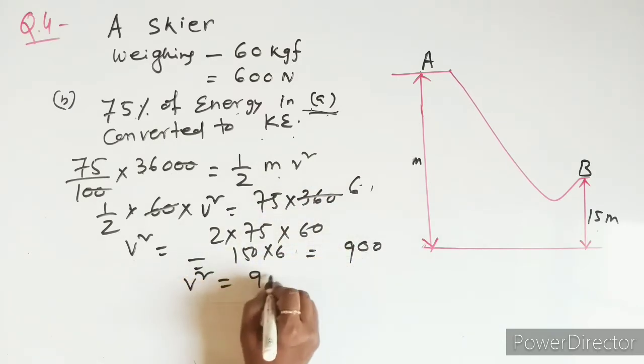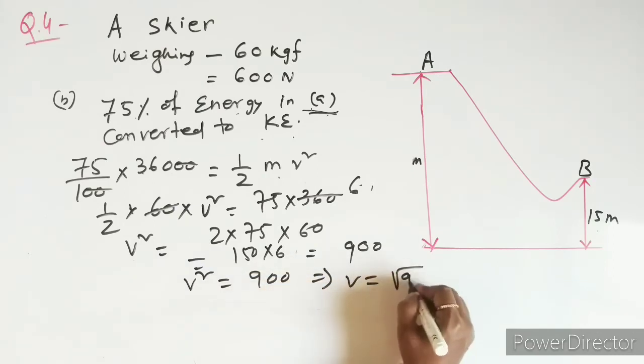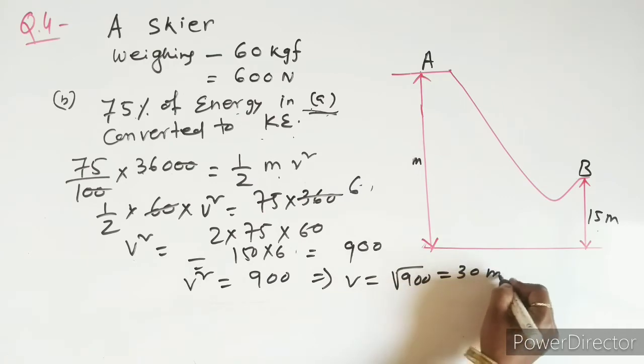So v square equal to 900 implies v equal to root over 900 equal to 30 meter per second.